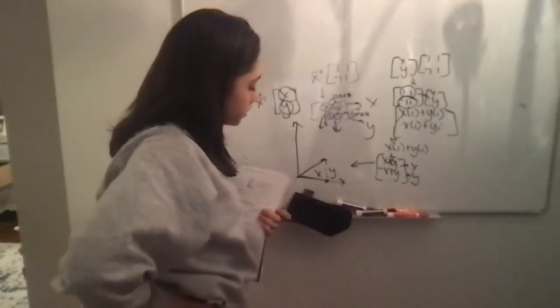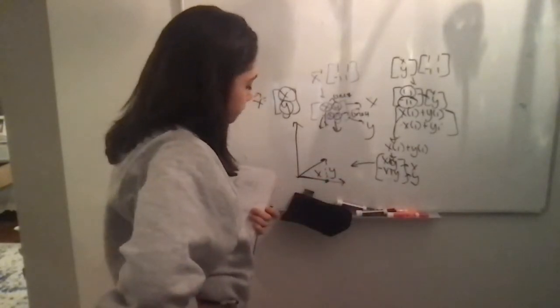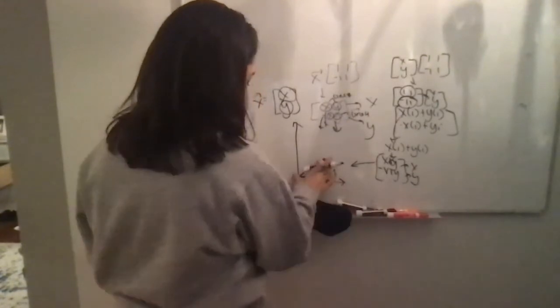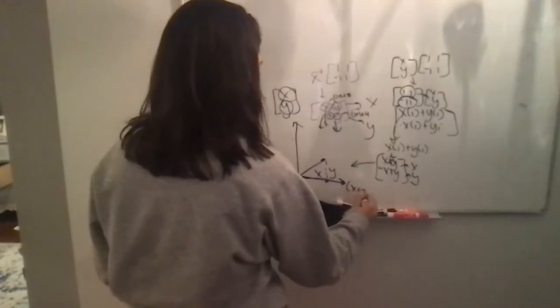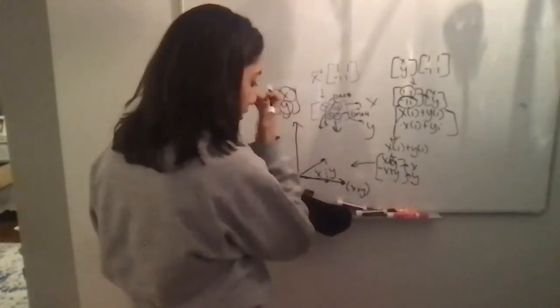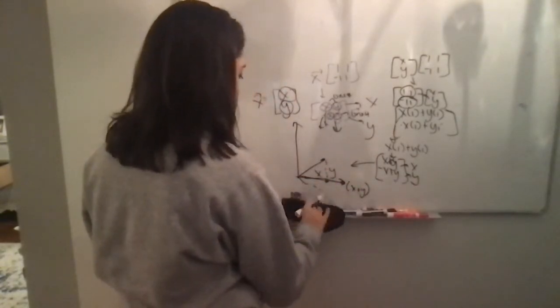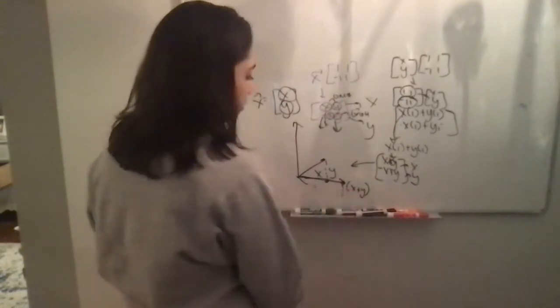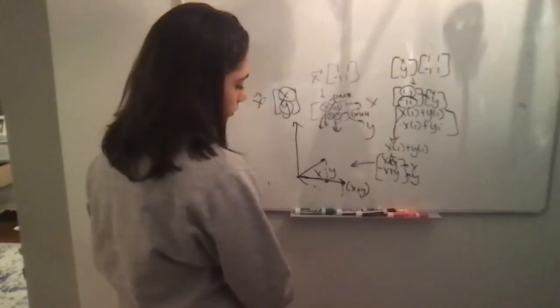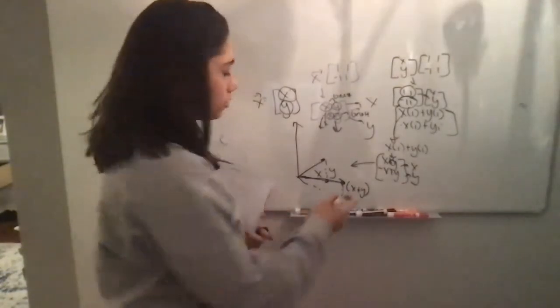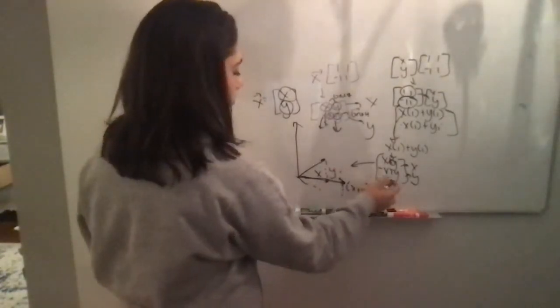So our new x is going to be the length of both of these added together, right? So it's going to be x plus y, and that's our x. And then our y is going to be negative x plus y, which could potentially be down here, or up here. It kind of depends which one of these is bigger.